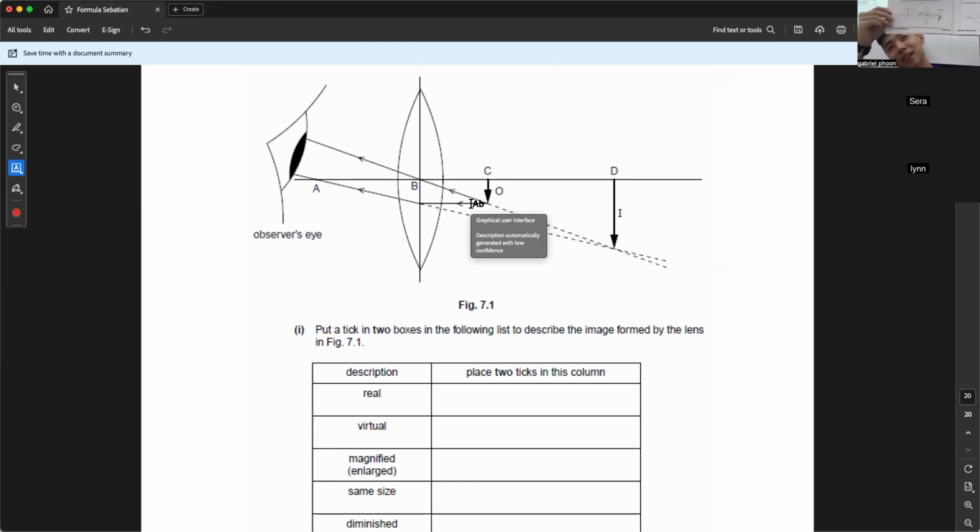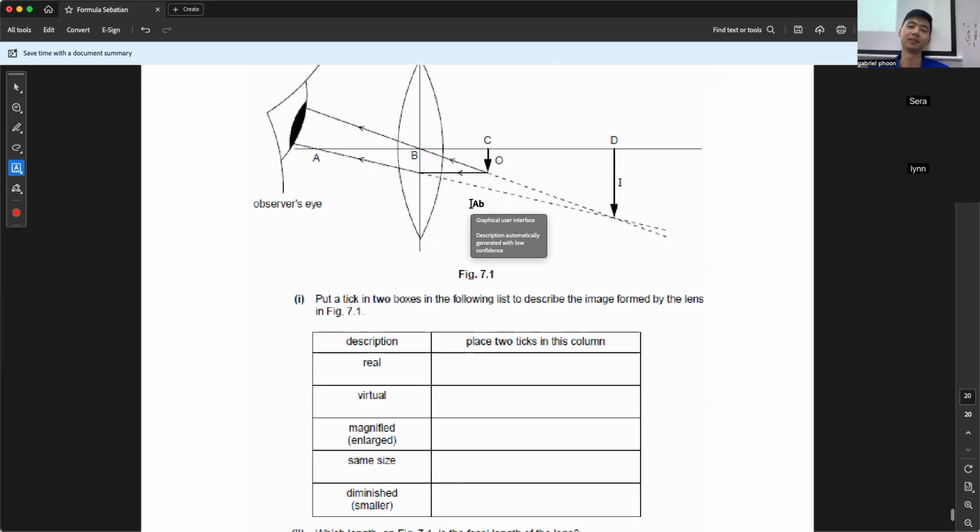If you flip this image upside down, this is what we've been drawing all this while for the magnifying glass. Straight line cut through the focal point, then through the optical center, then you dot upwards. And the answer is A. We're done.